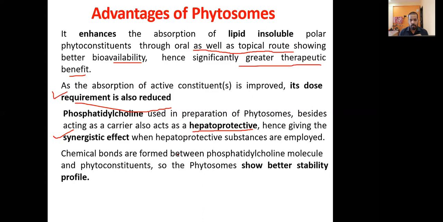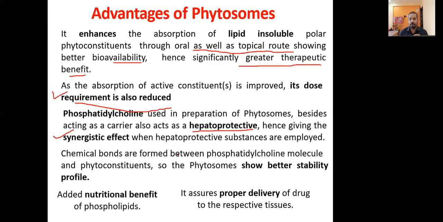Then chemical bonds are formed between the phosphatidylcholine molecule and the phytoconstituent, so the phytosomes show a better stability profile. Then the nutritional benefit of the phospholipid can be seen. It is one of the advantages, and it assures proper delivery of the drug to the respective tissues.